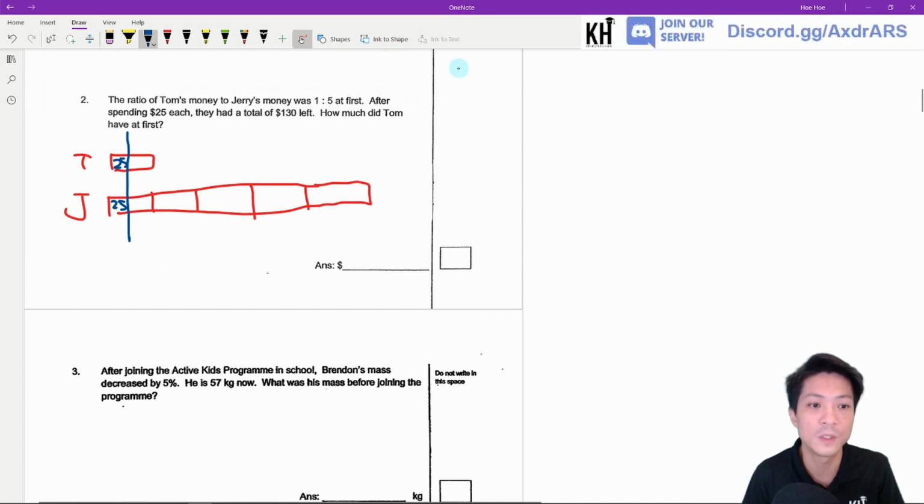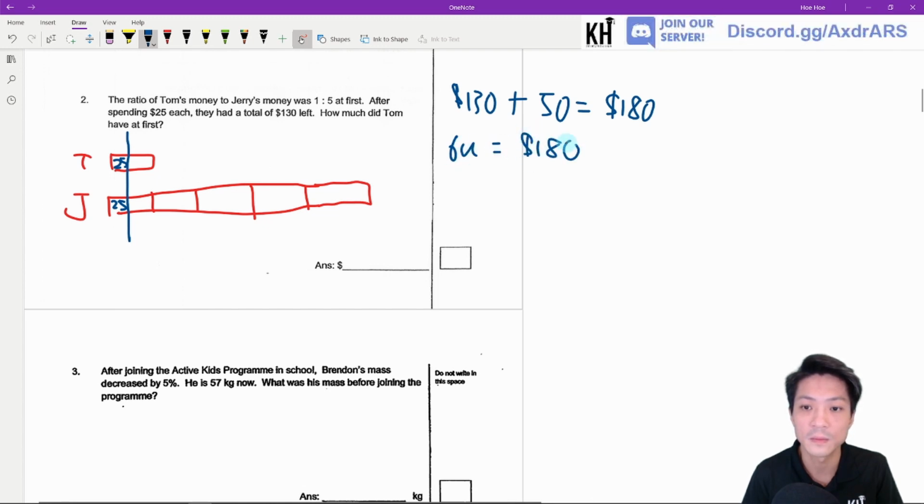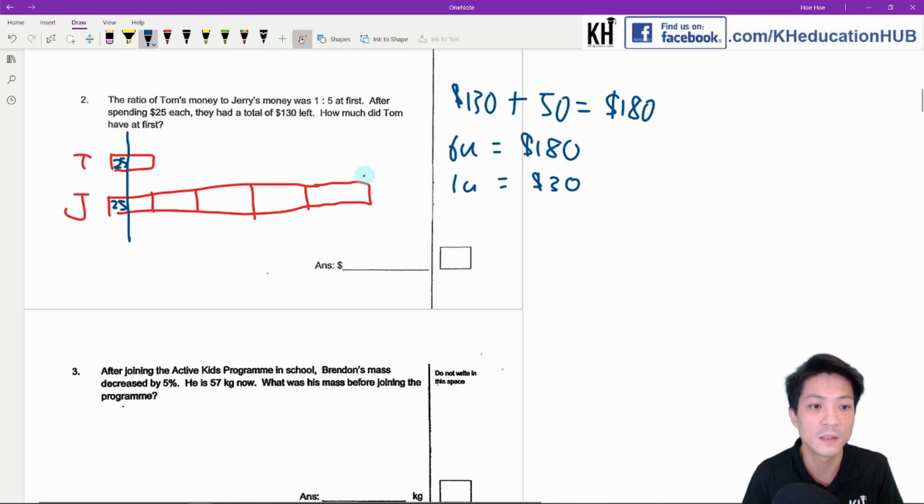So the first thing we need to do is $130 plus 50. $50 is what they spent, and so this $180 will be equal to 6 units. We can find what is 1 unit, which is the answer, the amount of money Tom had at first.